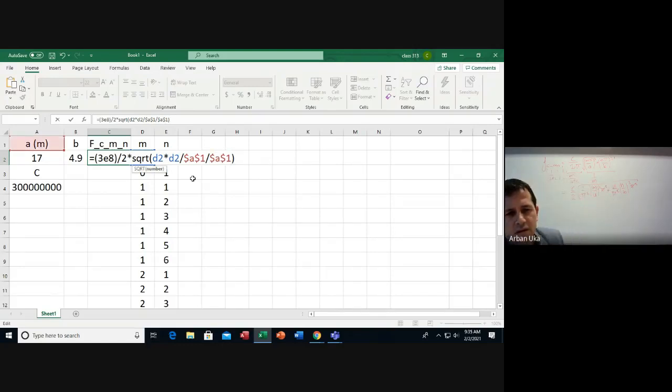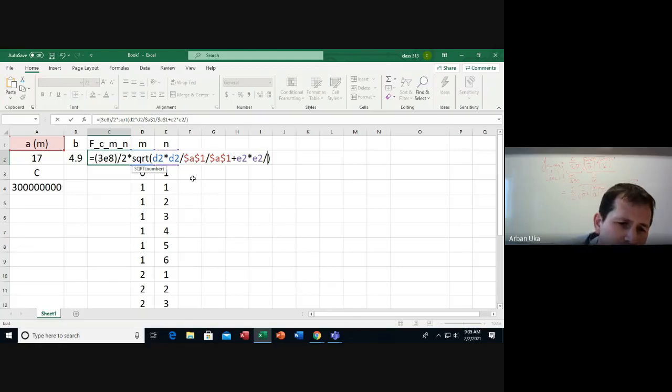Okay, this is m squared over a squared plus n squared over b squared, plus n squared is e2 times e2 divided by b2. Oh, this is wrong actually. It's not a1, it should be a2. So this is going to be b2.